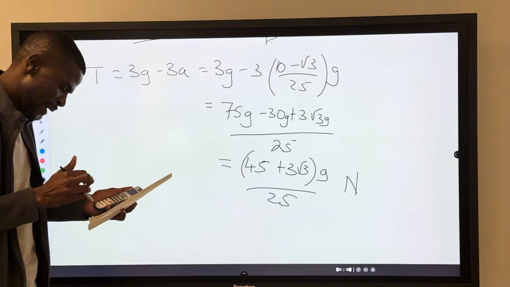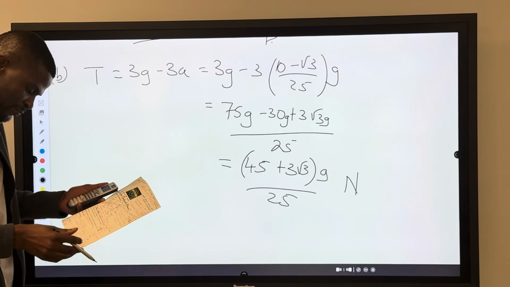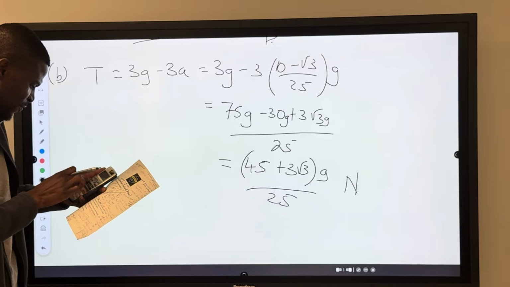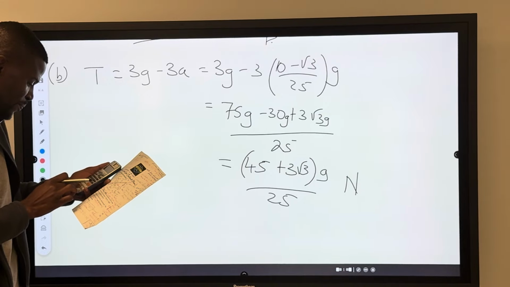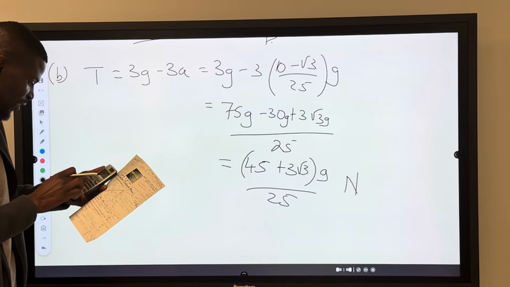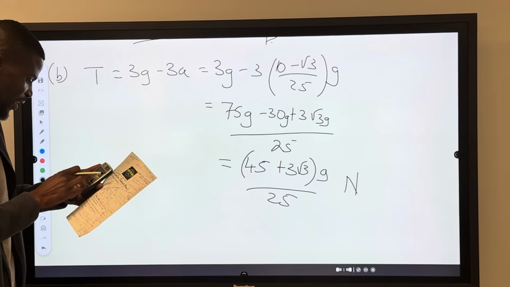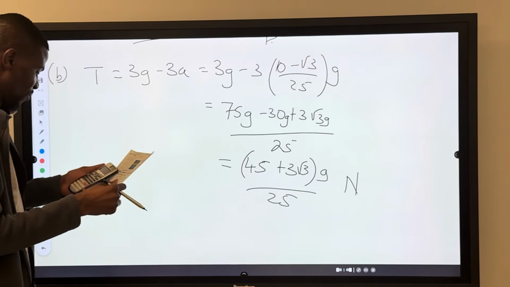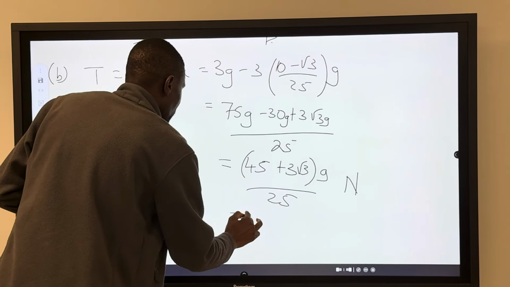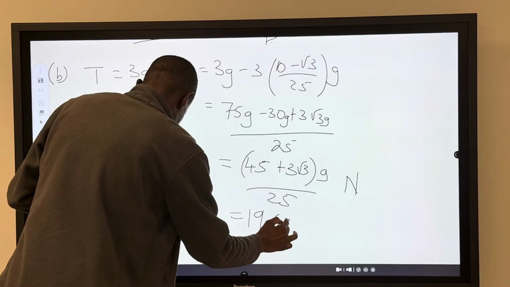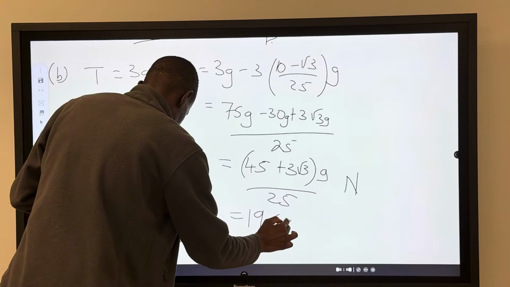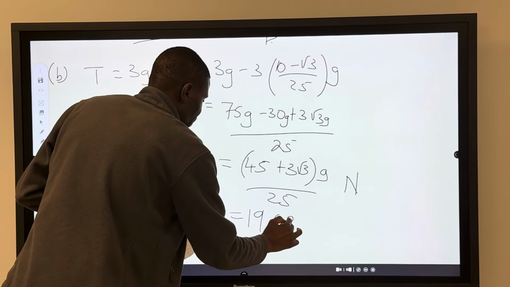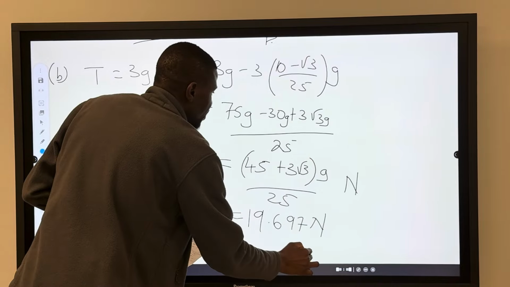Okay, so here it's going to be 45 plus 3 square root of 3 over 25 times 9.81, which is 19.697 newtons, right?